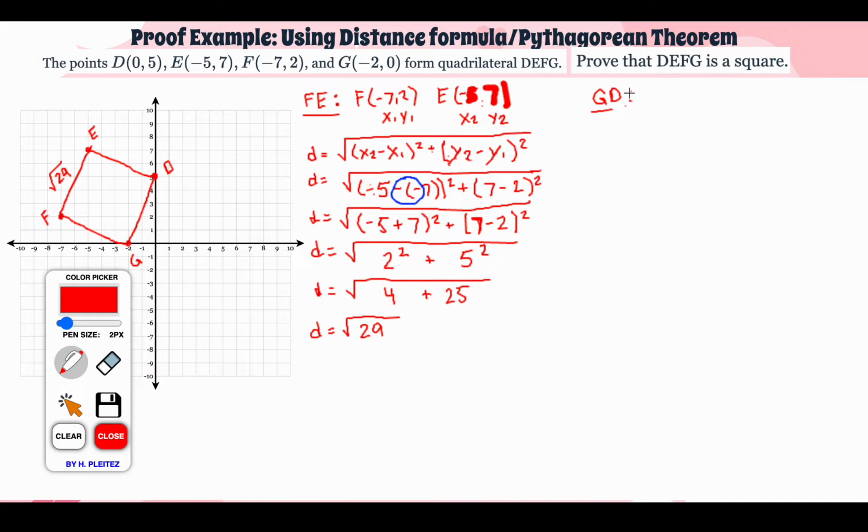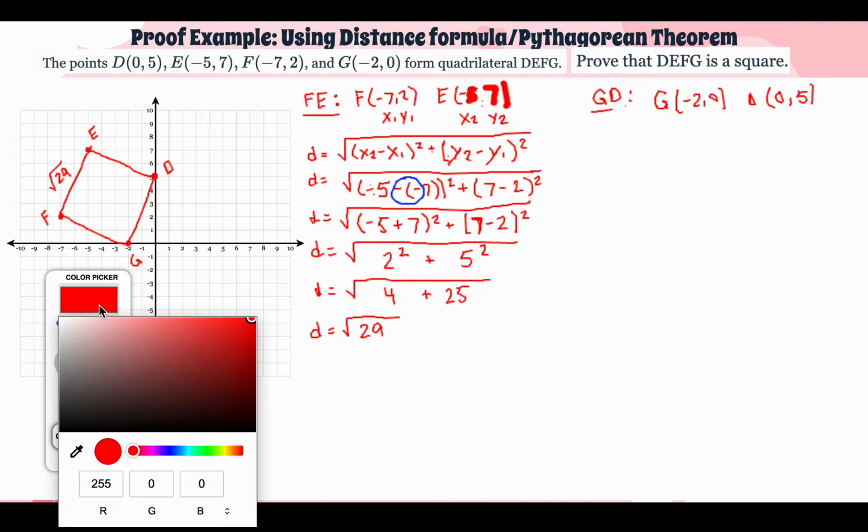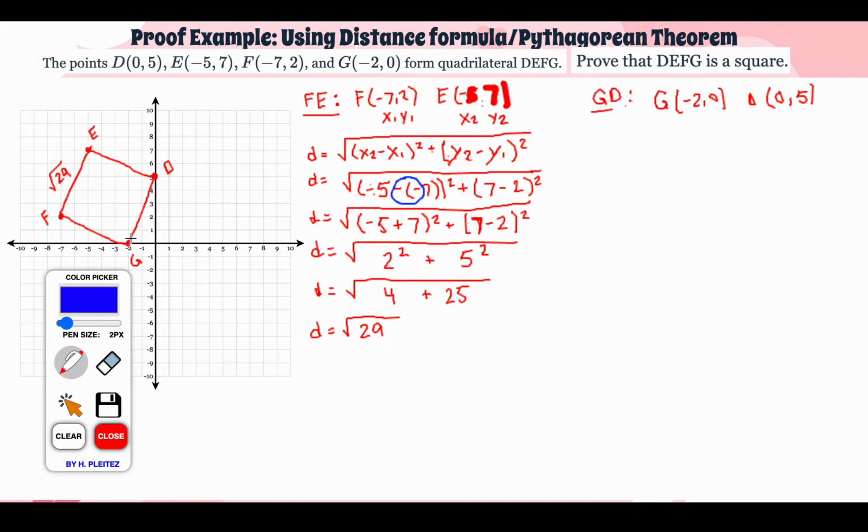If we do GD again, you don't even really have to write your points out, but I'm going to write them out just to be consistent. We have G at negative 2, 0, and D at 0, 5. But for the Pythagorean theorem, it's a little bit different. GD is right here.